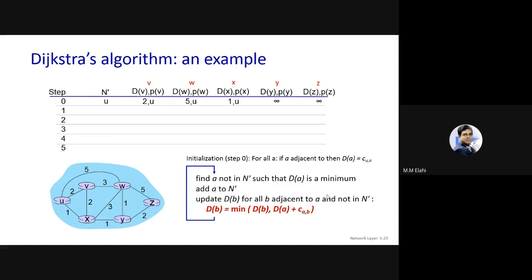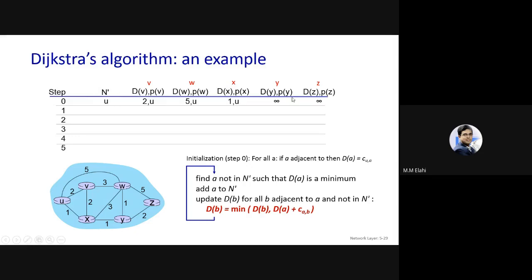Okay, now from this step, algorithm says what? See the part of the algorithm given in the lower right. Okay, so find A not in N prime. So find A means find a node that is not in N prime. So in the first step, other than U, no node is in N prime.